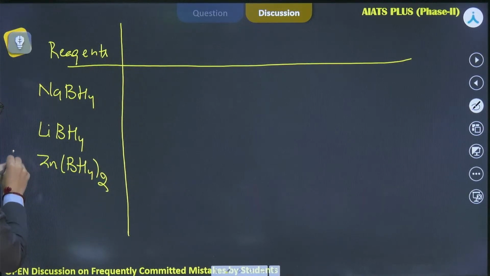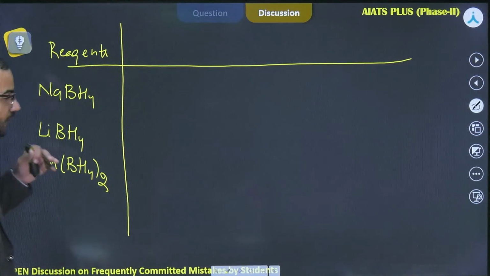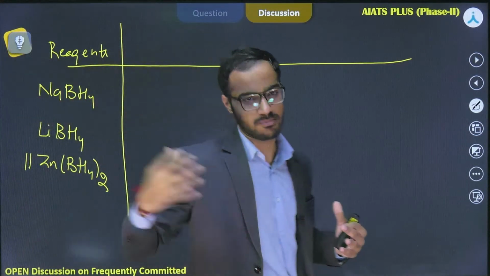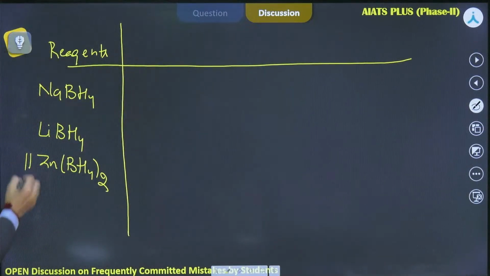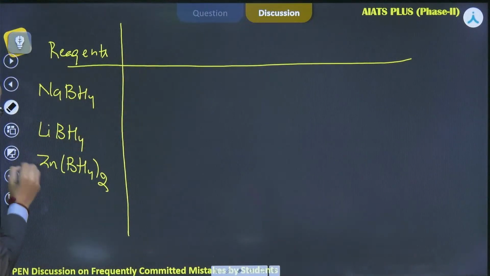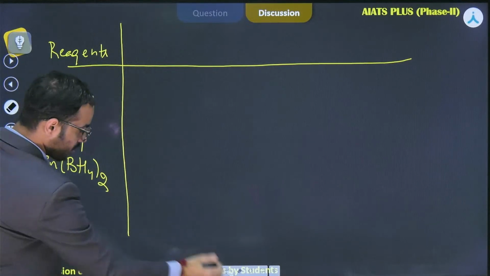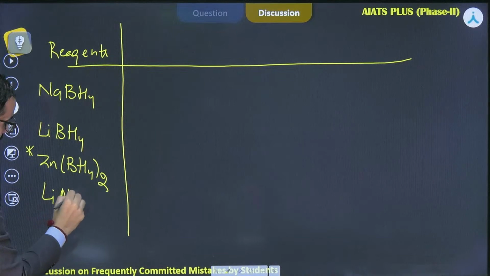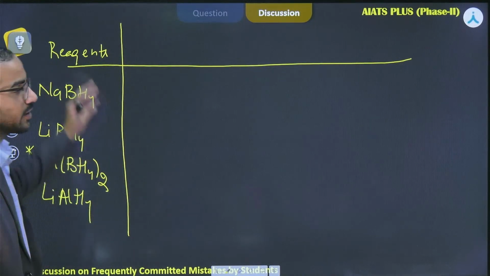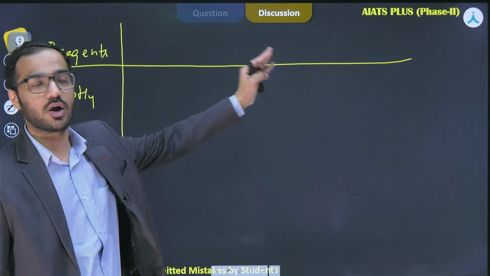This is a reagent you can skip, but if you are making the list, you can try to remember this reagent as well. After this, you will have LiAlH4. Again, we can write the electrophilicity order over there.